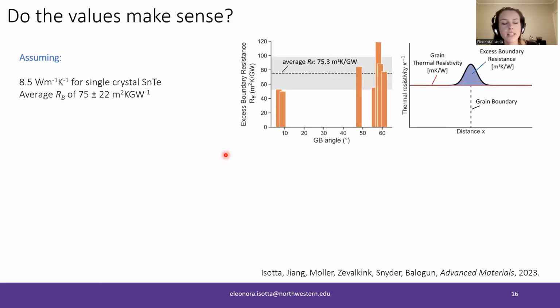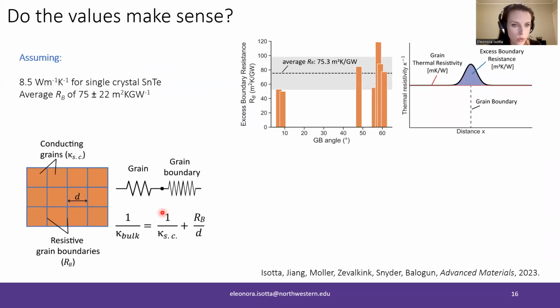To verify the validity of these estimates and the soundness of the Gibbs excess approach in extracting values of boundary resistance, we have employed an effective medium model, where we treat a polycrystalline sample as a series of the contribution of grains and grain boundaries.